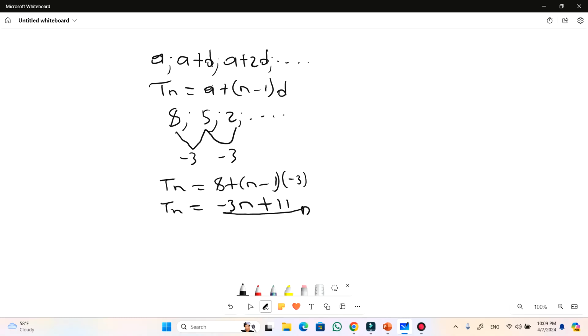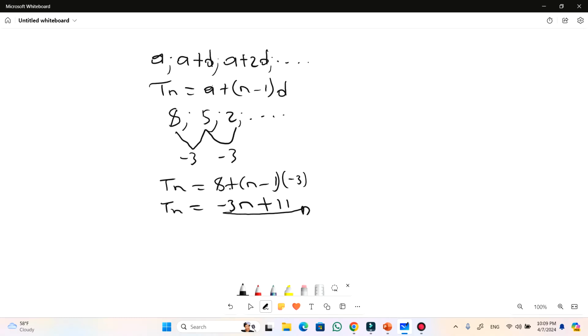Or you can also take 3, so you know that at position 3 you will have the value of 2. So just substitute 3 here and you will get 2, right? So now our equation is correct.